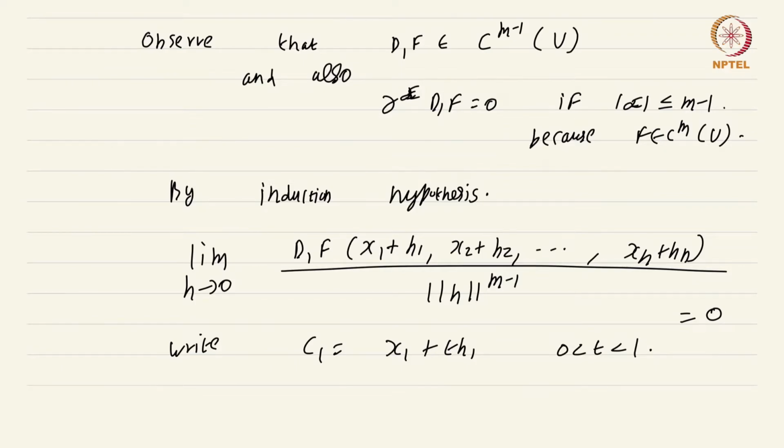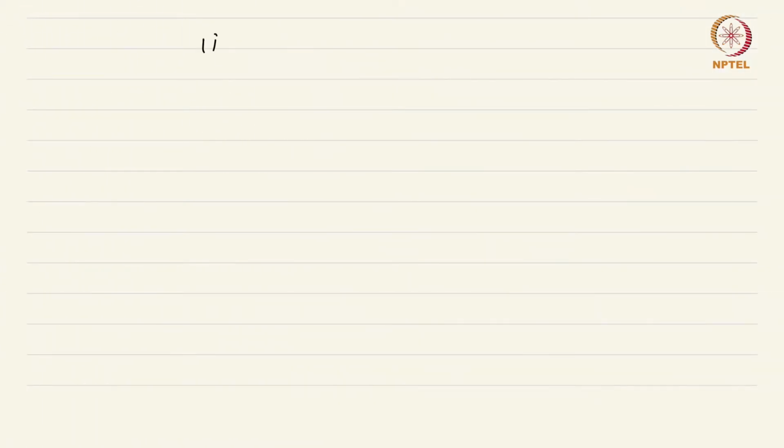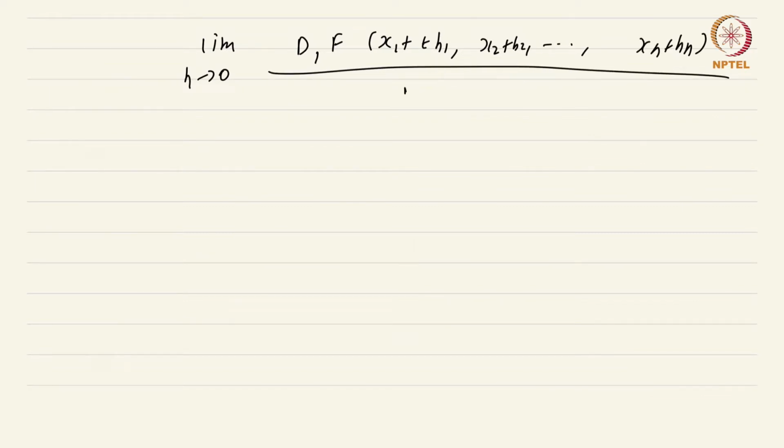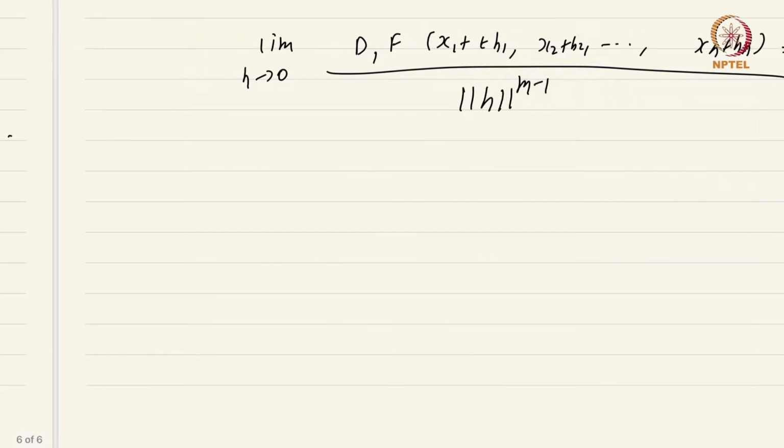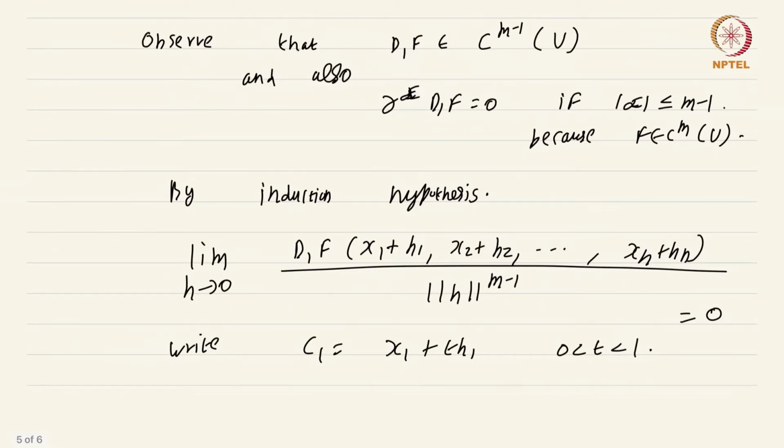Okay, so we are reduced to showing limit h going to 0 of d1 of f of x1 plus t h1, x2 plus h2, comma dot dot dot xn plus hn, divided by norm h power m minus 1 equal to 0. Okay, so this is what we have to show.